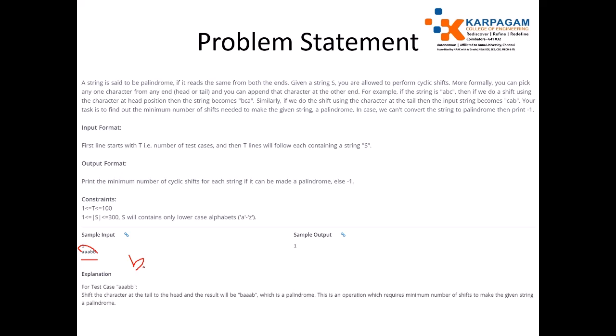Here the number of shifts needed is 1. So you can take any character from head or tail and make a shift to get a cyclic palindrome.